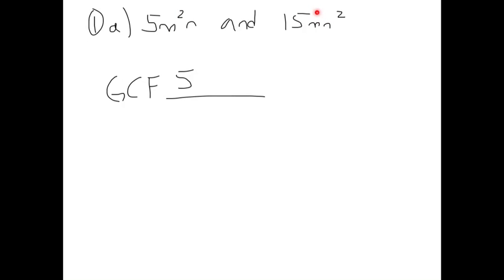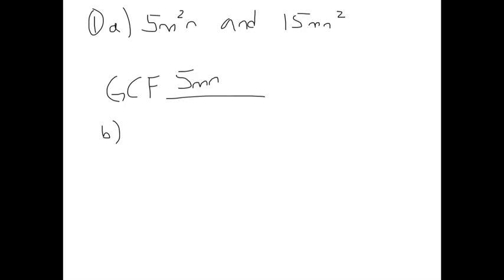The largest thing I can divide out of both of those is just m to the 1, or m. And then the largest thing I can divide out of n and n squared is n as well, n to the 1. So that is my GCF. That is the largest thing that I can divide both of those terms by.